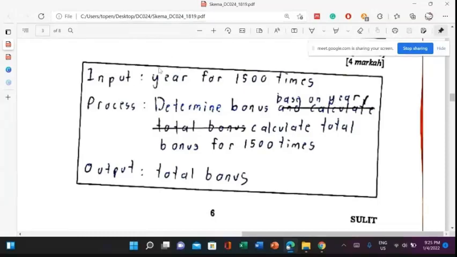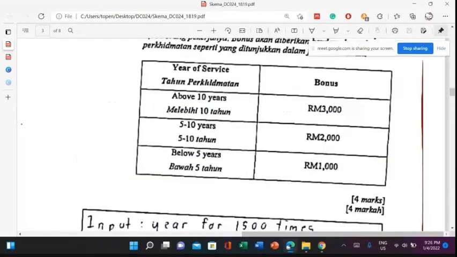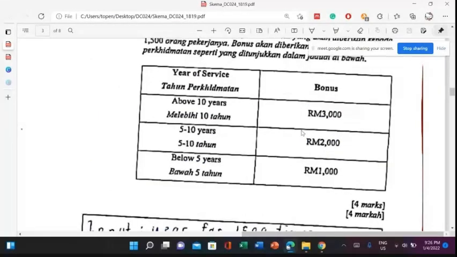Since our input is here, for how many times? 1,500 times, since we have 1,500 staff. And after that, what we are going to do next is we calculate total bonus for 1,500 times, because we need to display which bonus.